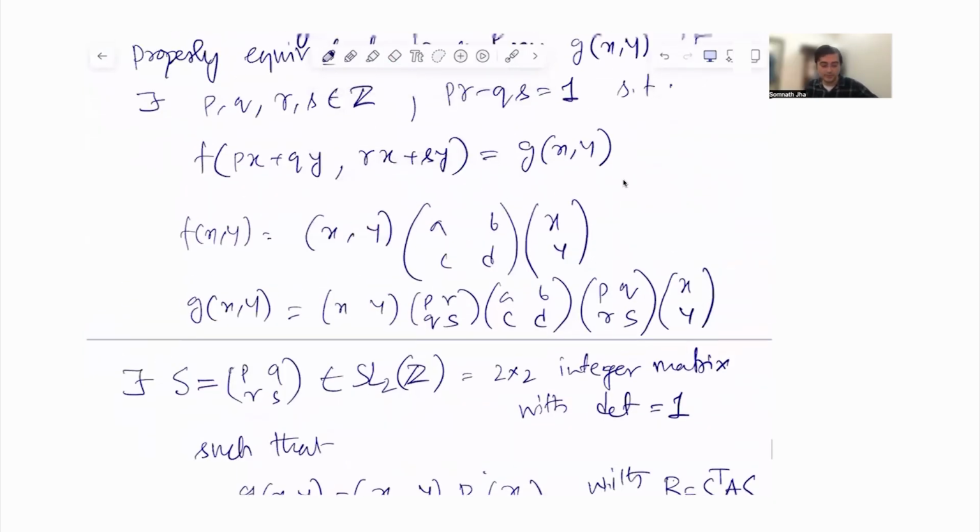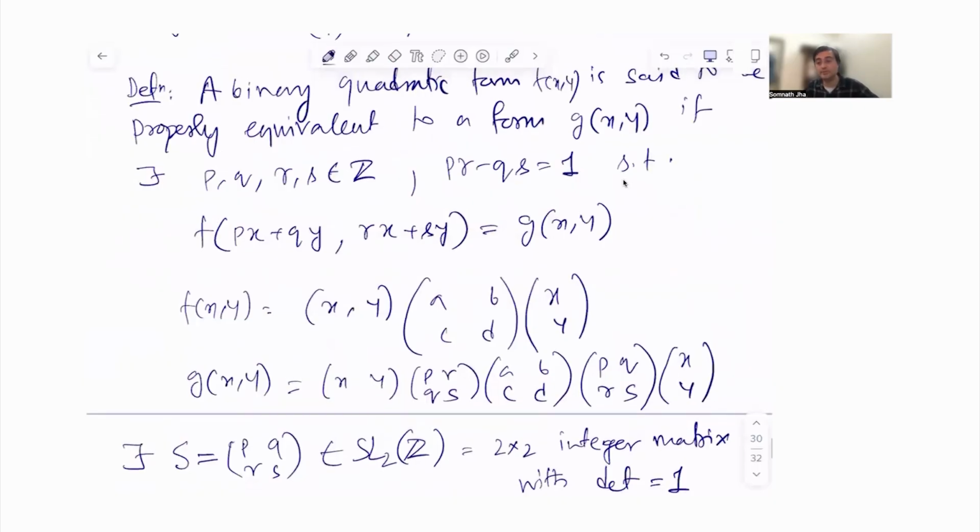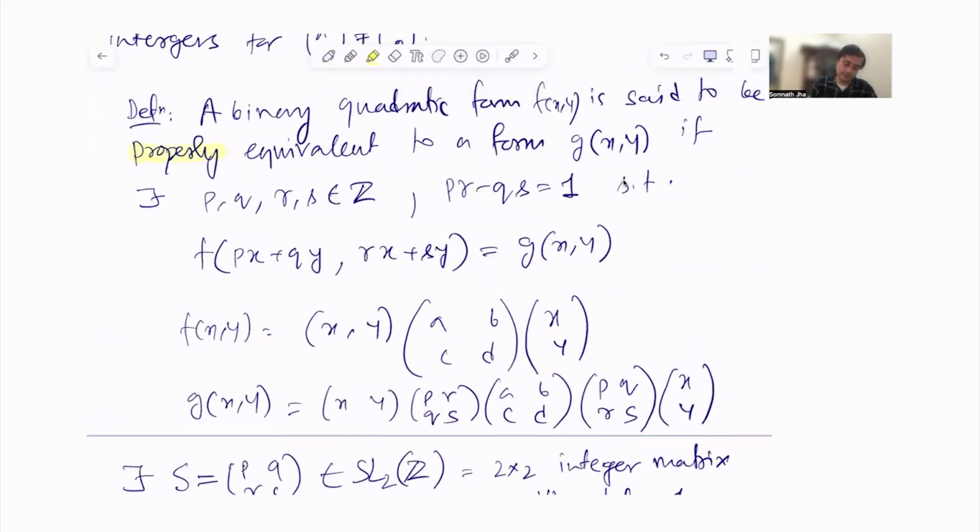Okay, so the determinant is 1. This is due to Gauss. If the determinant is minus 1, then they are said to be improperly equivalent. If the determinant is plus or minus 1, then they are just called equivalent, but we'll stick to properly equivalent.